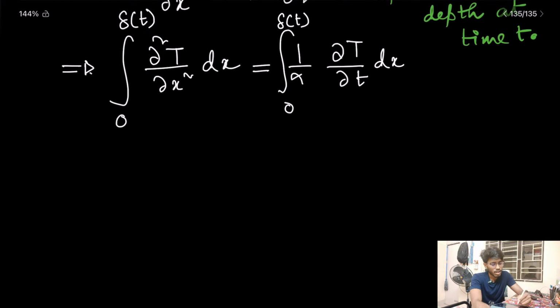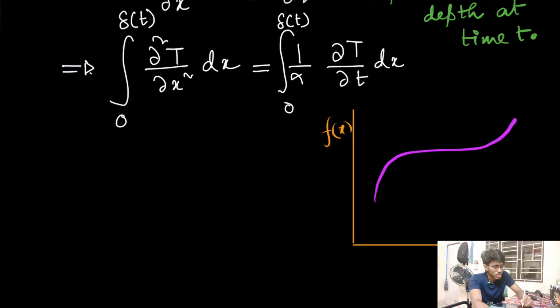So for an example, I will give you one very valid example here. If there is a function f that is a function of x, I will draw the exact form of this function f(x) like this. So this is the exact form. Now I will draw the approximate graph.